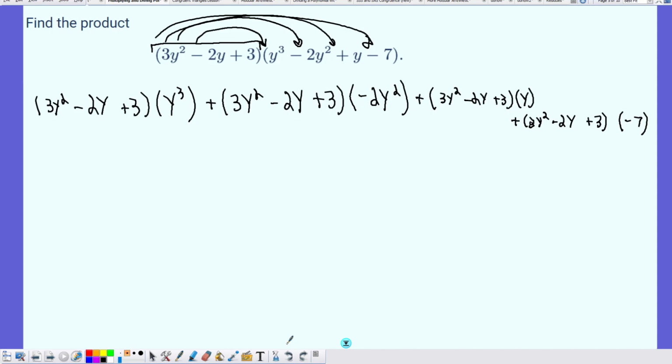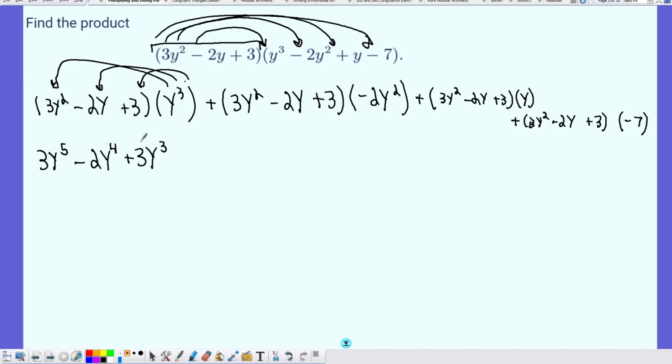So, for example, y to the third will be distributed with 3y squared, in which we get 3y to the fifth power. Then y to the third is distributed to the negative 2y to get negative 2y to the fourth. Then y to the third is distributed with 3 to get positive 3y to the third.